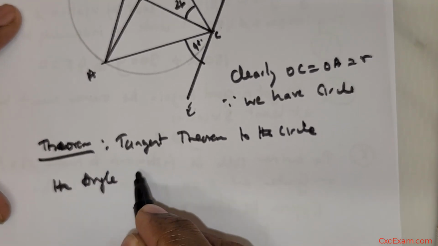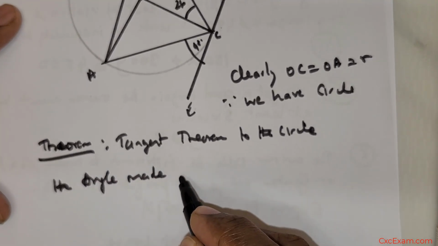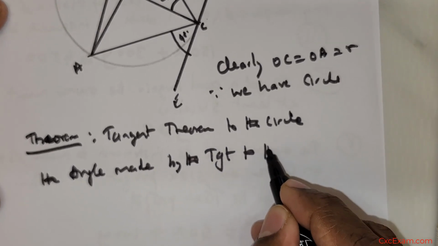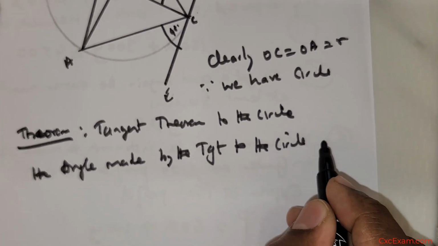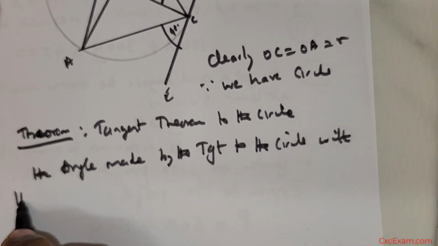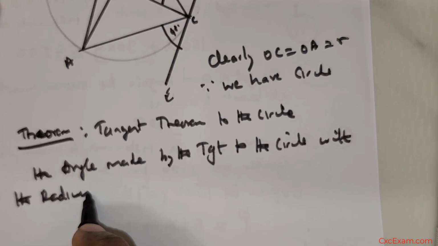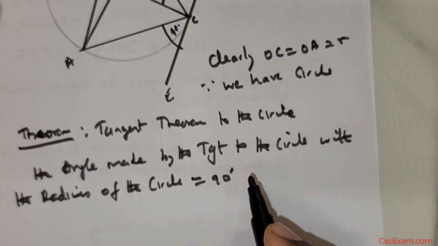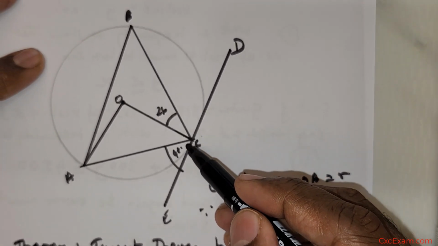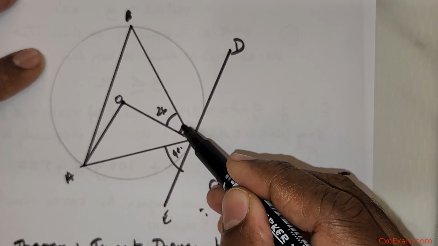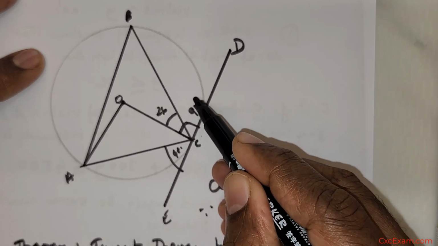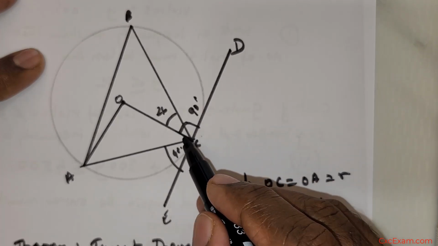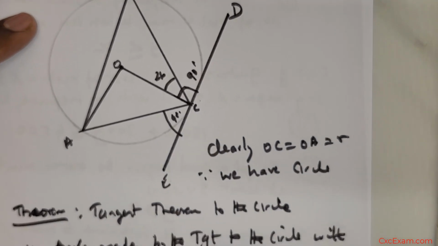The angle made by the tangent to the circle with the radius of the circle is always 90 degrees. So what we are talking about here is there is a hit here and this angle is 90 degrees. So we know this entire angle is 90 degrees and we know this as 48 degrees.